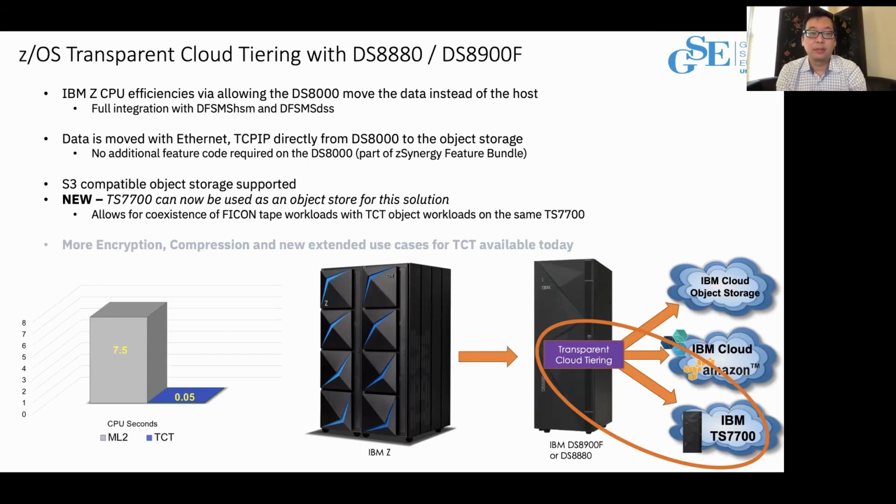So it's an extremely noticeable difference, going from 7.5 CPU seconds down to 0.05, over 90% savings in CPU or MIPS. So that's key. This is how we're getting the efficiency back to the user and back to you as the backup and archive administrator in your shop.